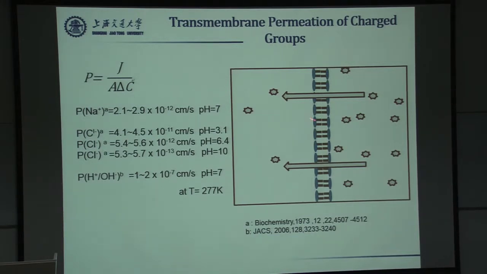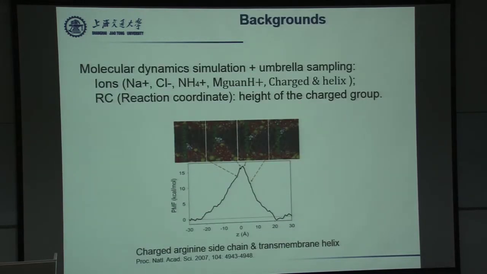So we want to understand the mechanism across this membrane. There's some study, but there's a problem. The previous study calculated the potential of mean force, for example, only from one side. And you see it's not symmetric, which is wrong, because this membrane is symmetric. What we call hysteresis.